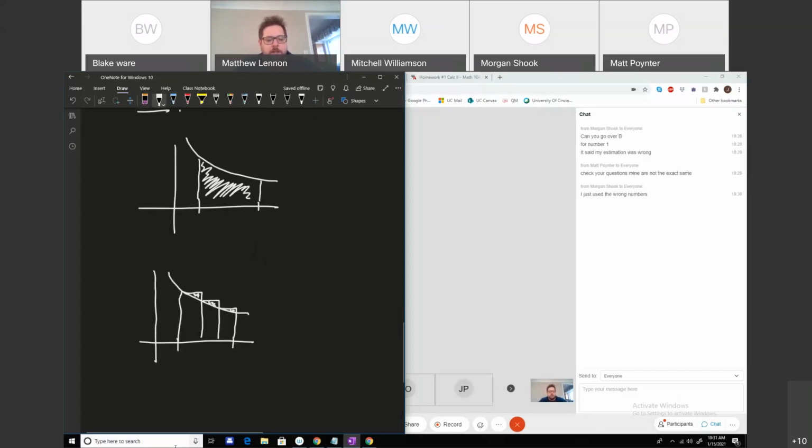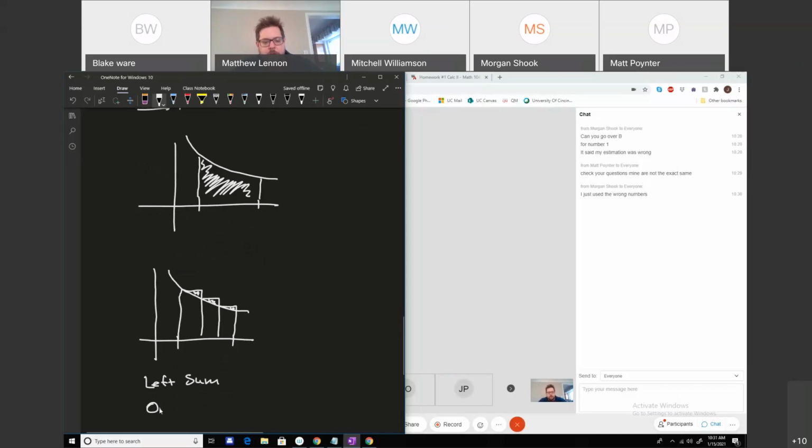So this left sum here would be an overestimate, right? Because you're essentially shading in more stuff than the true value of the curve.